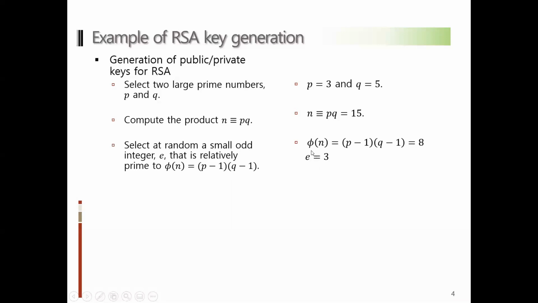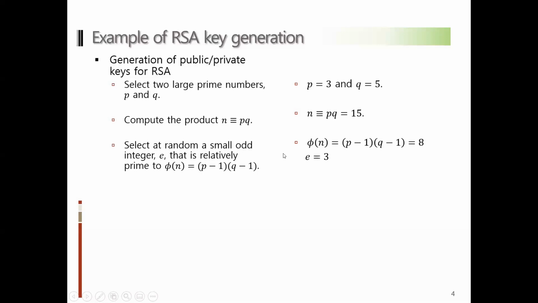Once we obtain this phi of n, or in other words, Euler's totient function, we randomly select another small odd integer e, but make sure that this number is relatively prime to phi of n, which means that there is no common factor between these two numbers.